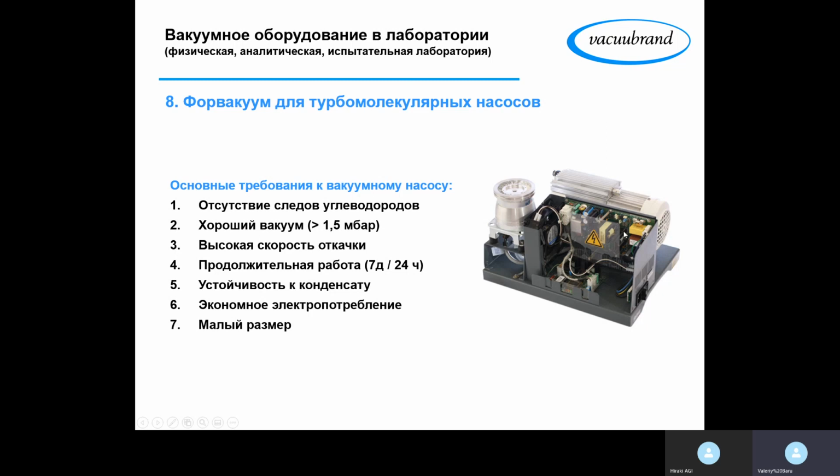Or in this case, on the picture, you can see at the back side there is a membrane pump that is used as the forevacuum, and the turbomolecular pump, which is here. Why do we need it? Both turbomolecular pumps and diffusion pumps, and any kind of high vacuum application, require this kind of forevacuum.